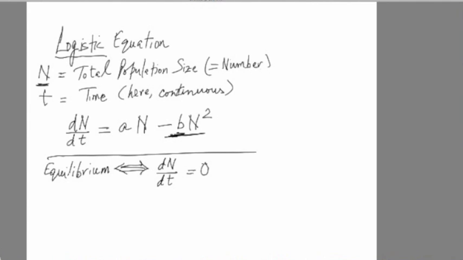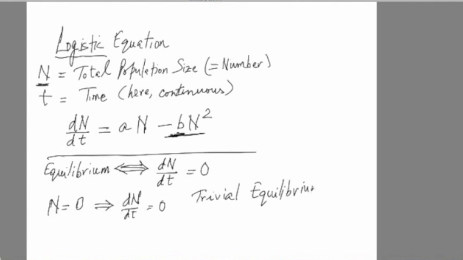If we look at our logistic equation, the first thing we see that's obvious is that n equal to 0 implies dn dt equals 0, which is no surprise. If there's nobody there, there's no change. And so n equal to 0 is an equilibrium for the system, and it is sometimes called the trivial equilibrium. Trivial here is a word that mathematicians use. It doesn't mean unimportant. It simply means that n is 0.